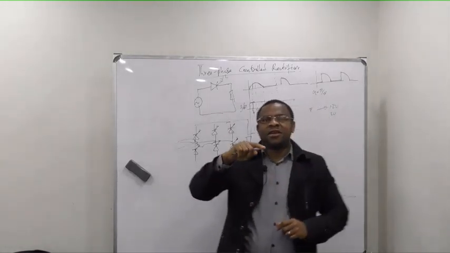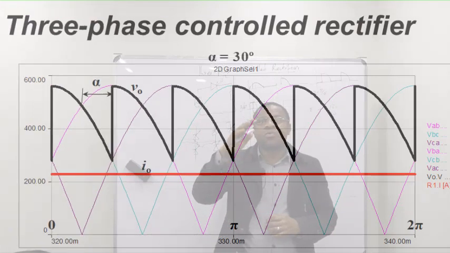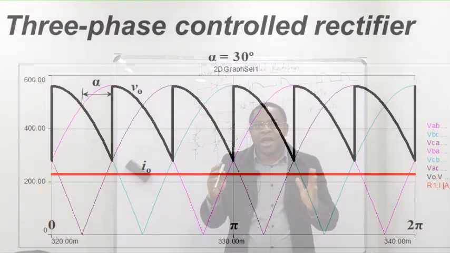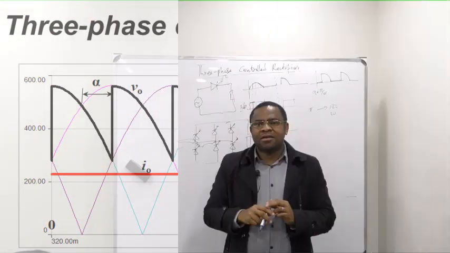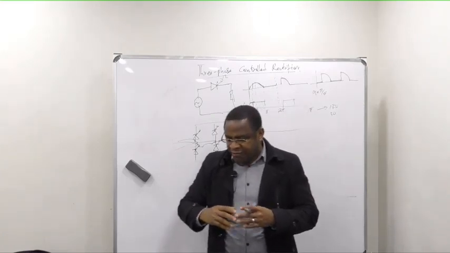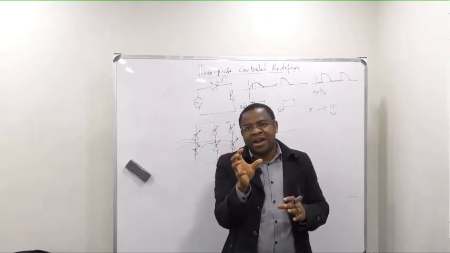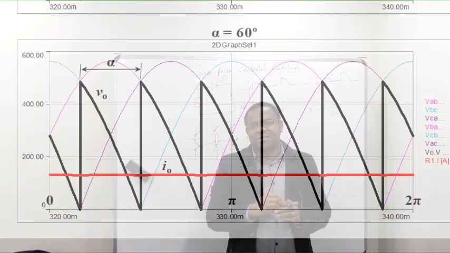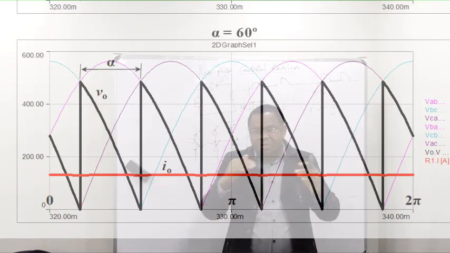Once it's 30 degrees, this is how the output voltage will look. And if you change the firing angle to 60 degrees, this is how it will look.